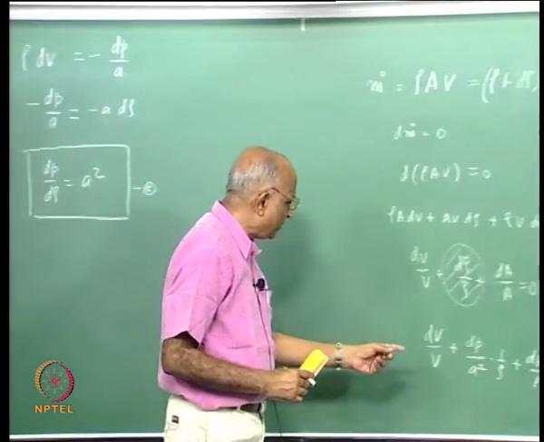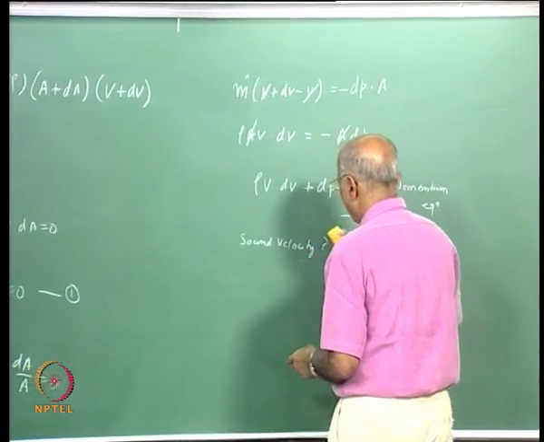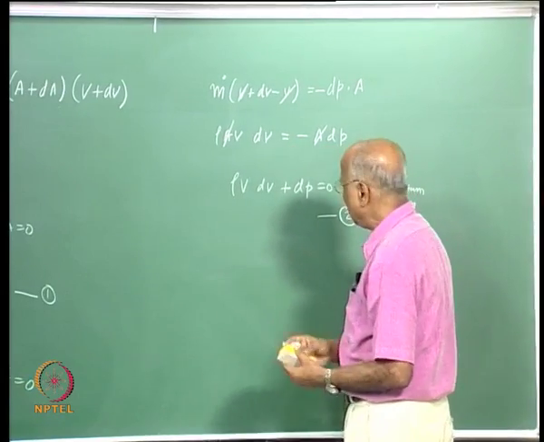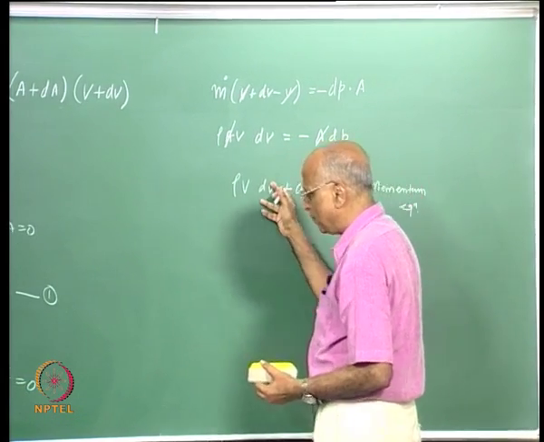Now I go back and say, well, I know dP is equal to minus rho V dV, and therefore if I substitute the value of dP as minus rho V dV, what is it I get?